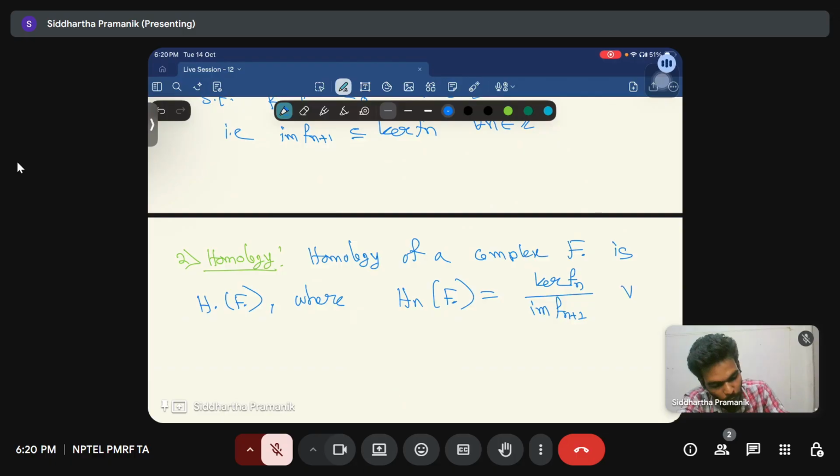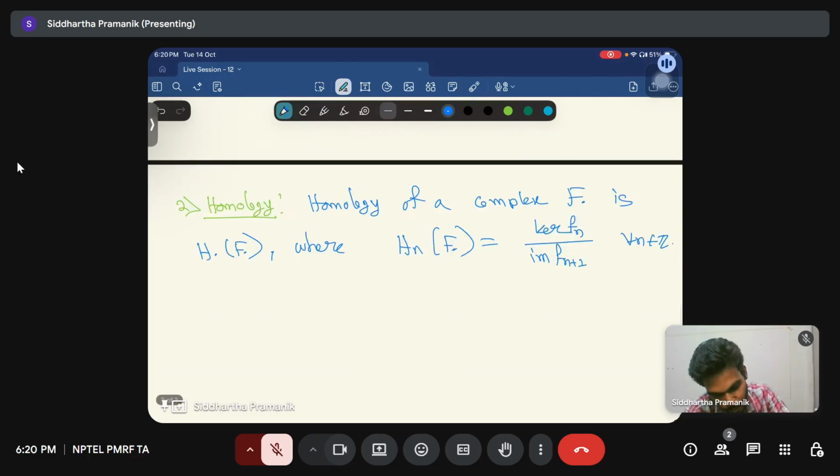This is true for all n belongs to Z. Okay, so this is the definition of homology and map of complex.